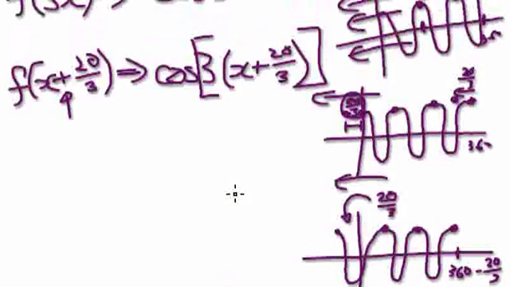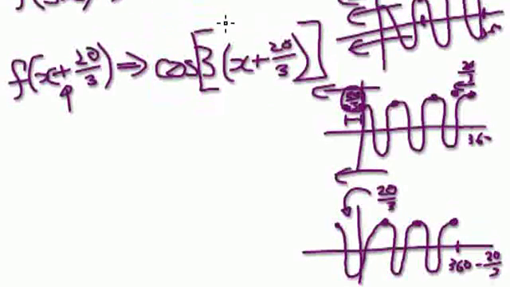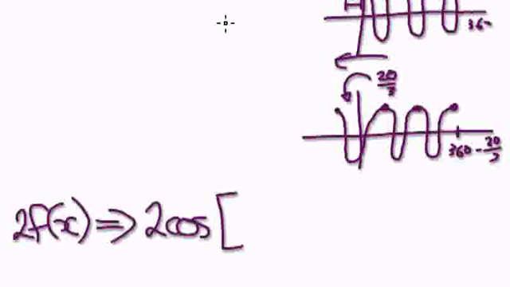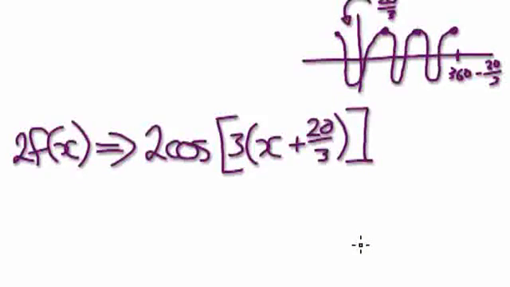Looking at this here, this was our old graph here. So this would be 3 bracket x plus 20 over 3. Close it off. So that would give us a graph of.